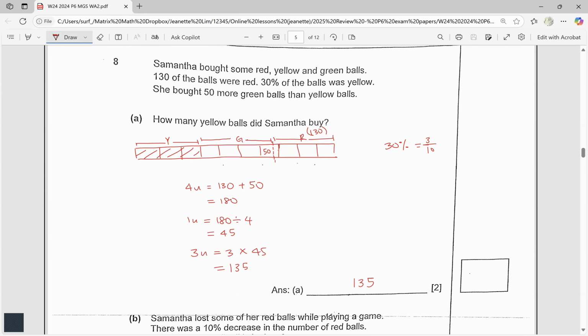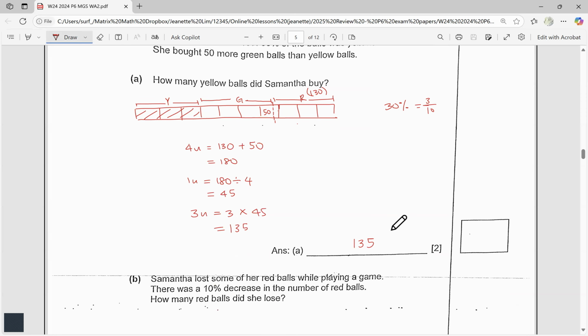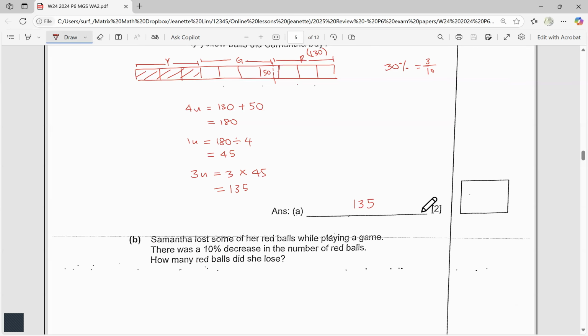Now let's look at part B. Samantha lost some of her red balls while playing a game. There was a 10% decrease in the number of red balls. How many red balls did she lose? The number of red balls is 130, that's her original, so that is 100% of what she had at first.